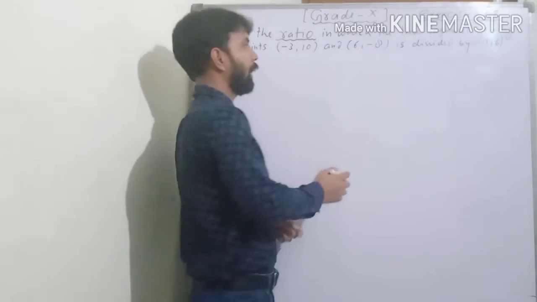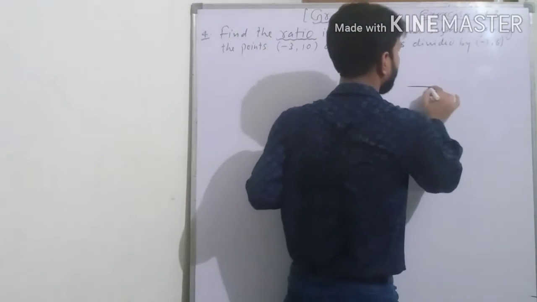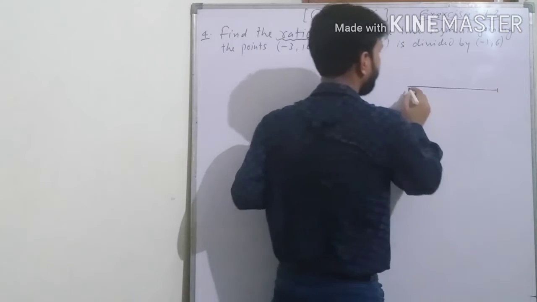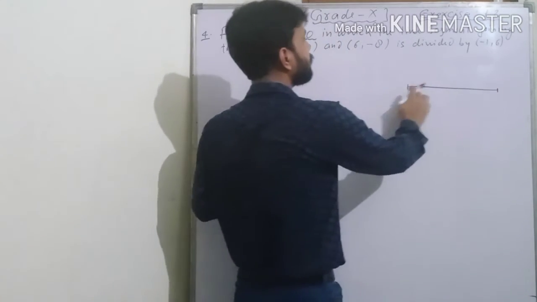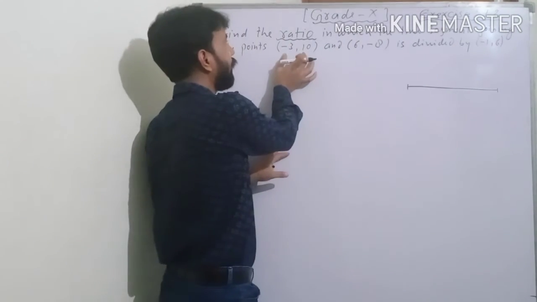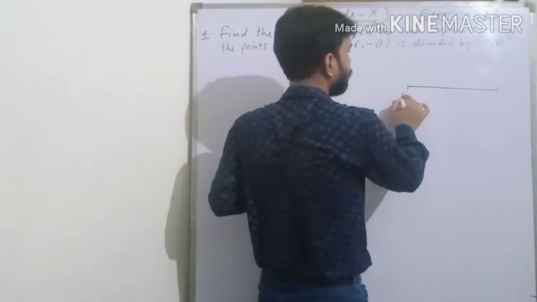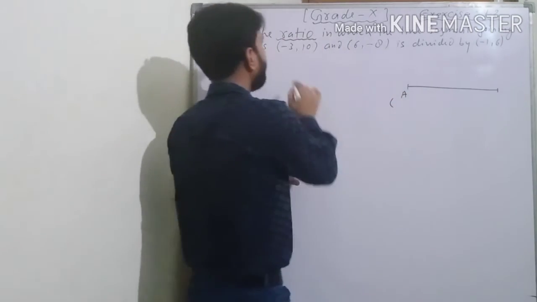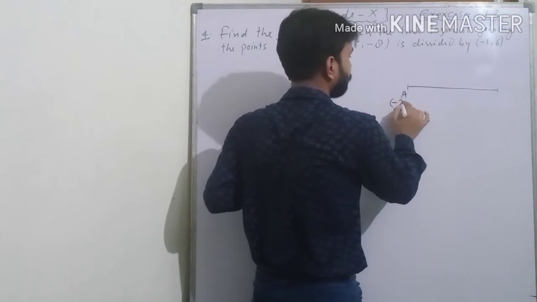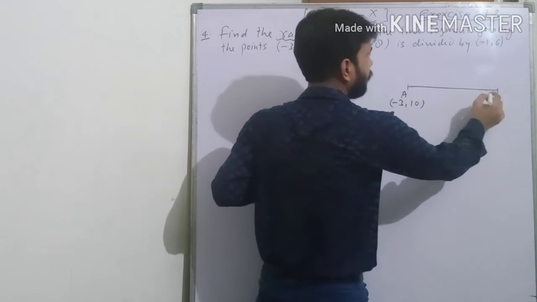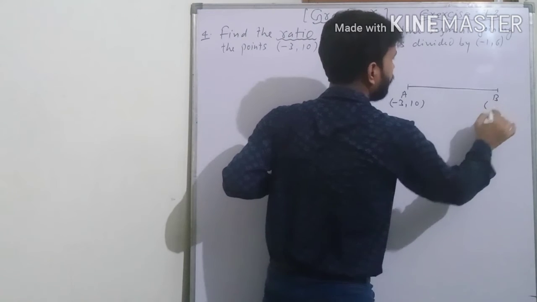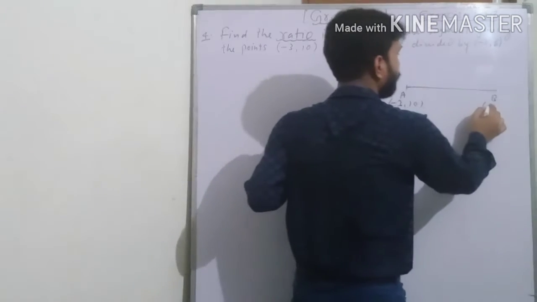Okay. I am just drawing the figure here so that you can easily understand. This is the line segment joining the points minus 3, 10 and 6, minus 8. So I am considering this point is A and its coordinates are minus 3, 10. And this point is B and its coordinates are 6, minus 8.